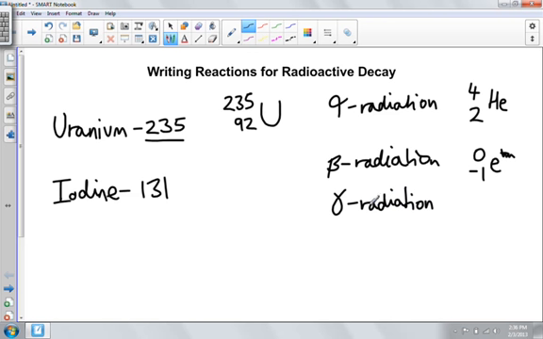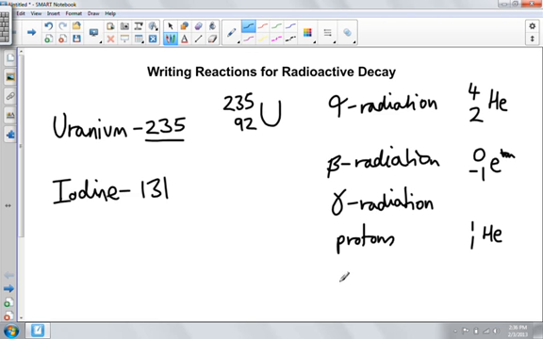There are a couple of other types of radiation that can be released. You can have radioactive isotopes giving off protons. A proton is simply an atom of hydrogen, or a nucleus of hydrogen. So any mass that comes out of a radioactive decay can be written in the form of numbers and letters.